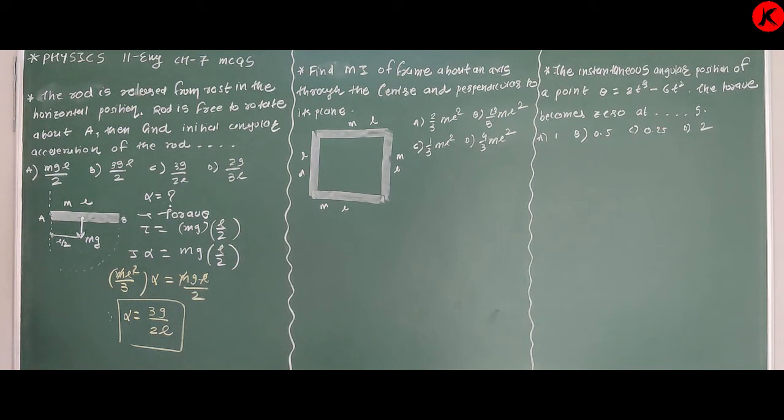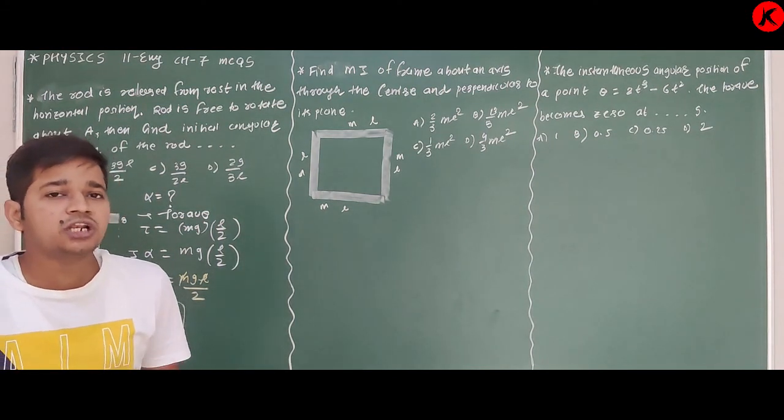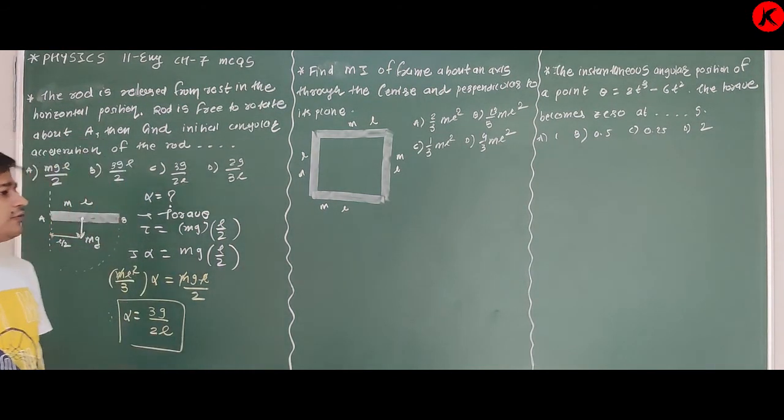You see, data, 4 choices, 1 figure, but the solution is this. If you know each and every concept, and if we release this rod from rest, it will perform rotational motion. Rotational motion is due to torque. So which torque?